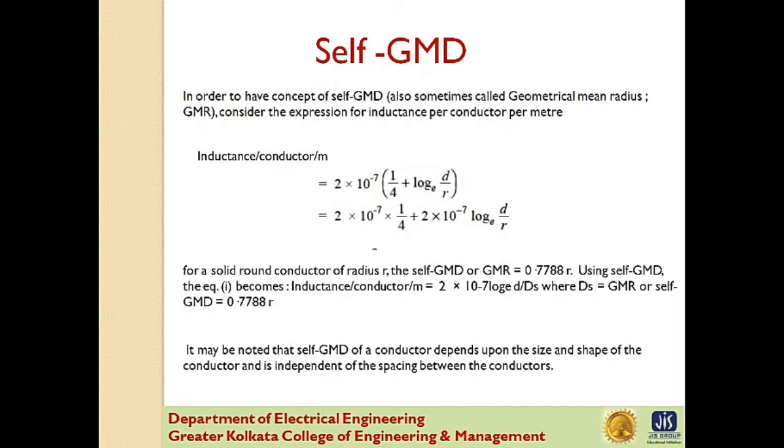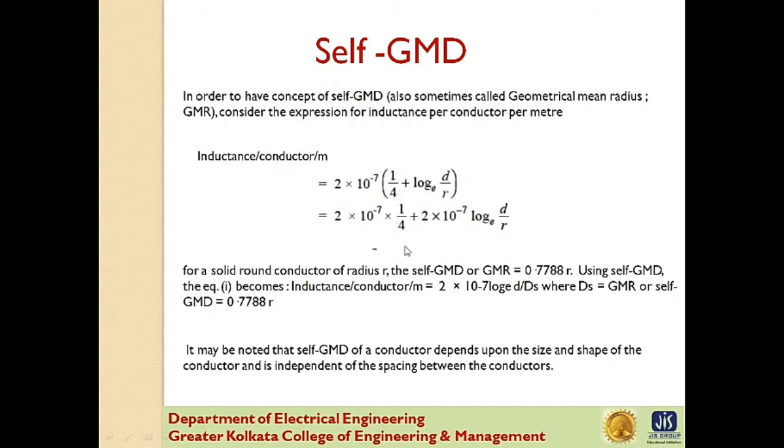Now it can be proved mathematically that for a round conductor of radius r, the self GMD or GMR is 0.7788 r. Now using self GMD, the equation becomes 2 × 10^-7 ln(d/ds).